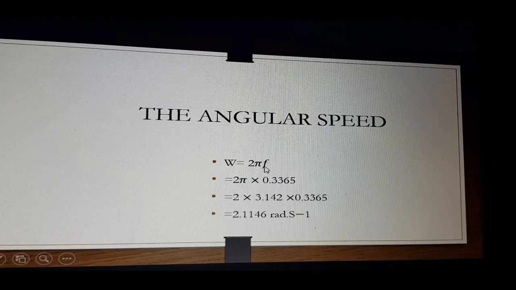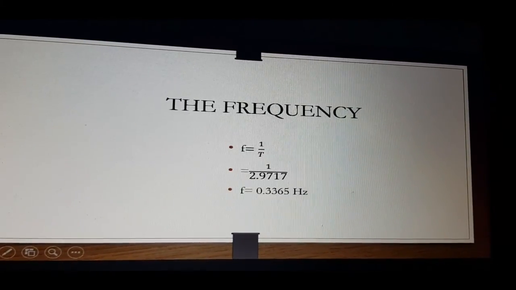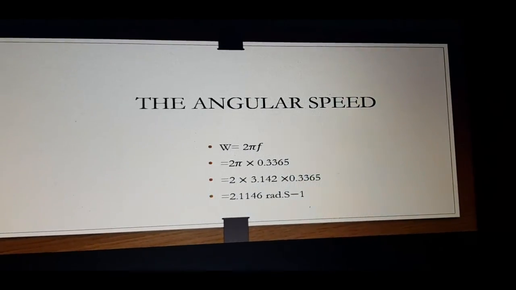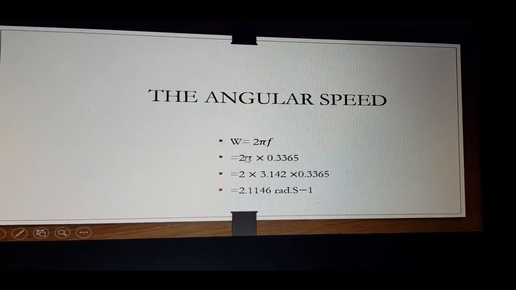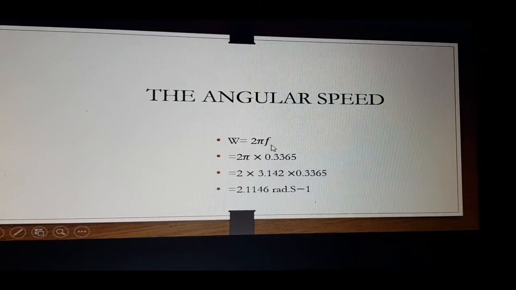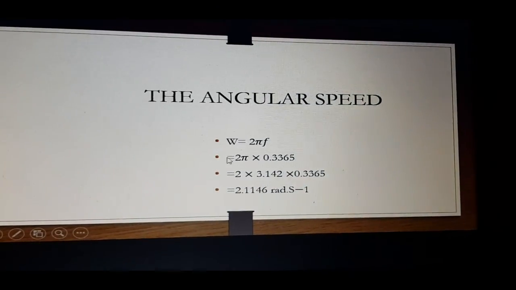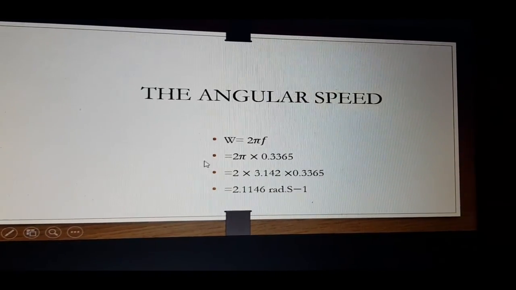This f represents our frequency, the frequency that we calculated. You guys are smart, you understand that. So we have omega is equal to 2 pi f. It is our angular speed, the speed of the angle used to oscillate the object.